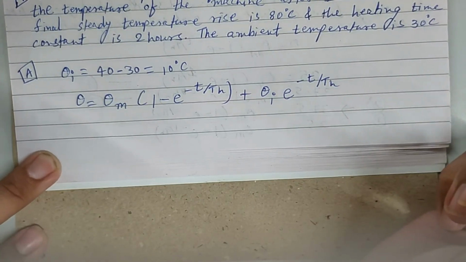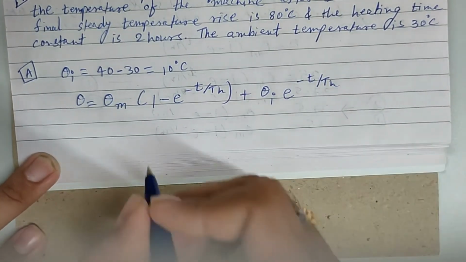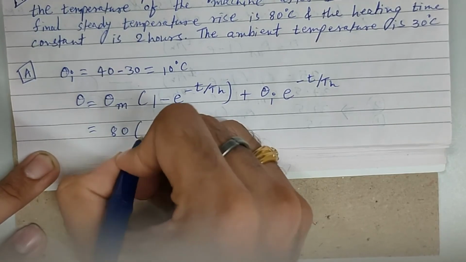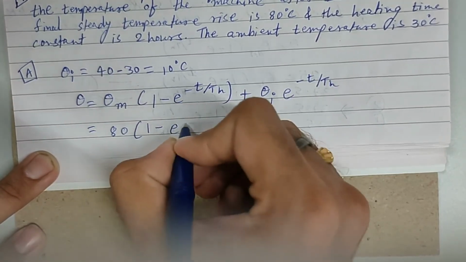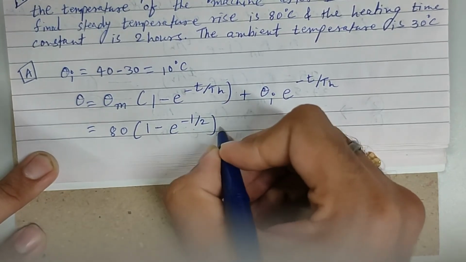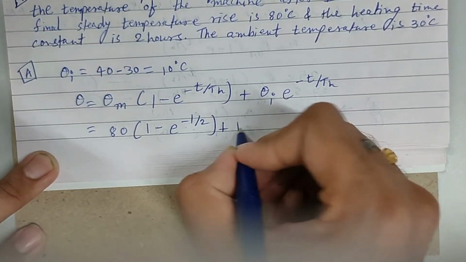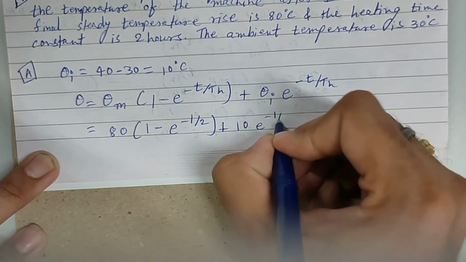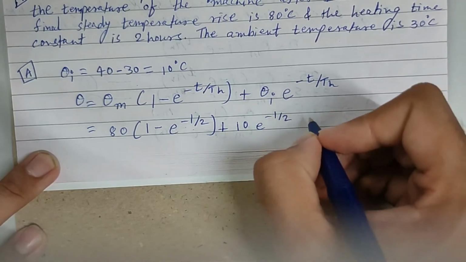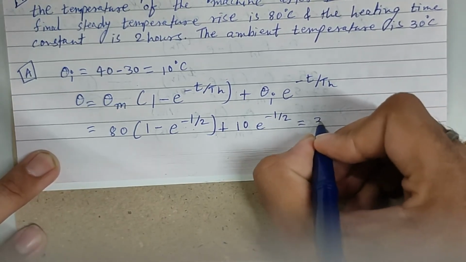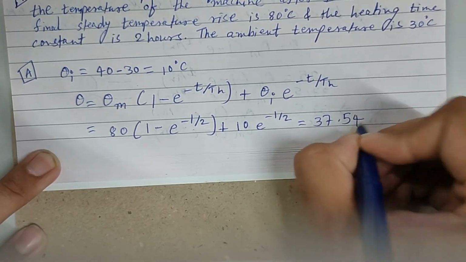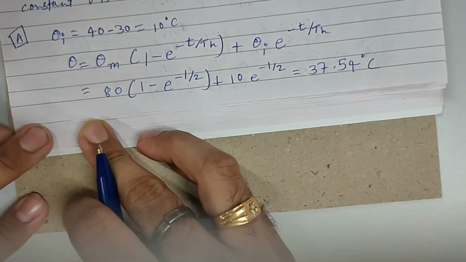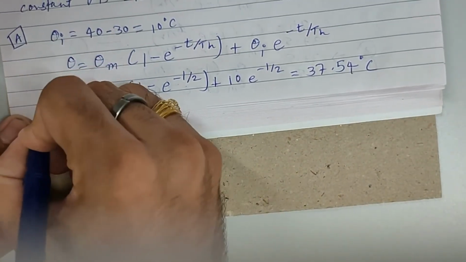Now the temperature rise after 1 hour, so your theta is 80 into 1 minus e raised to minus 1 by 2 plus theta I, that is the initial temperature rise, 10 into e raised to minus 1 by 2. On solving this, the answer that you get is 37.54 degree centigrade.